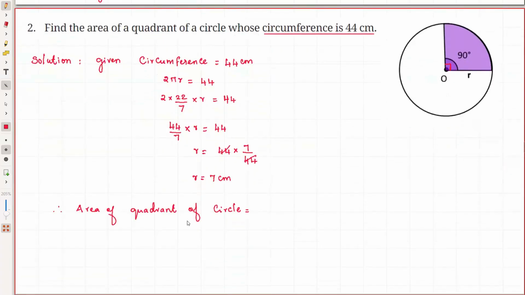So area of the quadrant of the circle is 1/4 into pi r square.